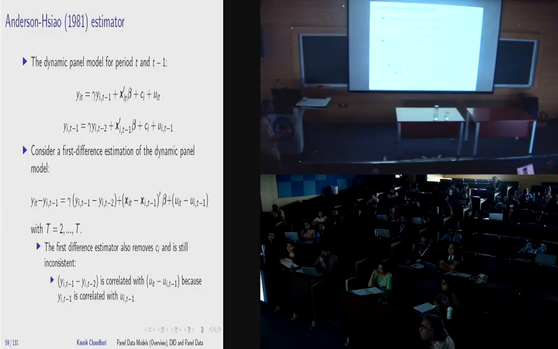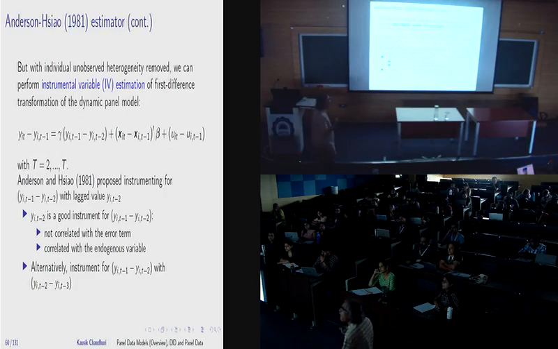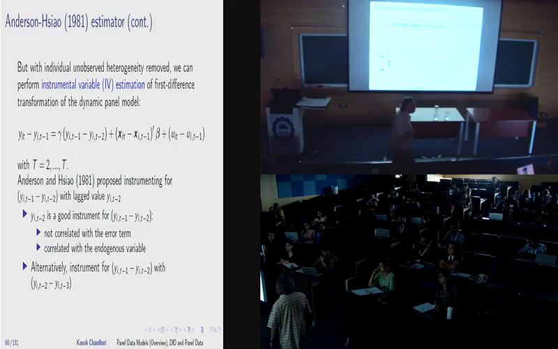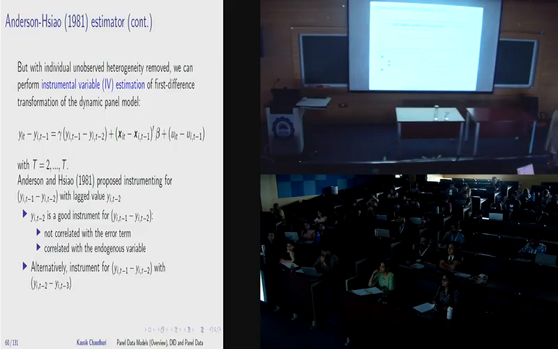Note that y_i,t-1 minus y_i,t-2 is correlated with U_it minus U_i,t-1. Why? Because y_i,t-1, which is here, is correlated with U_i,t-1. Simple logic, right? So given this, Anderson-Hsiao is nothing but an instrumental variable estimator. What kind of instrument can I think about?